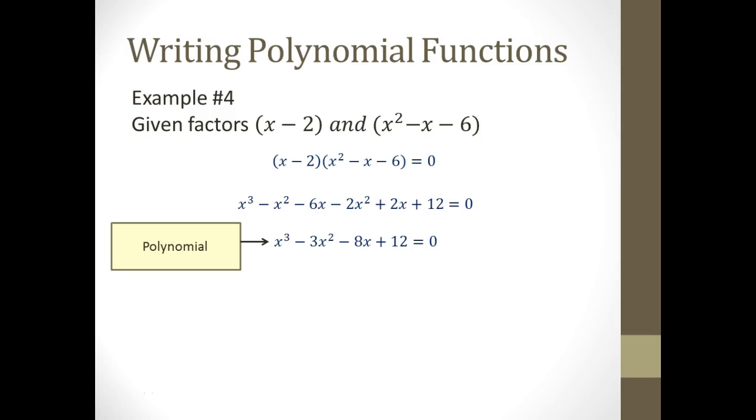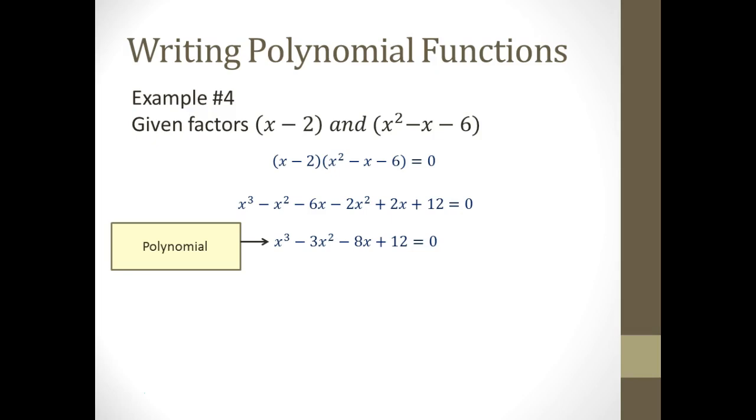Okay, so here's an example. You get the factors x minus 2 and x squared minus x minus 6. All right, so I need to write the polynomial. So what am I going to do? I'm going to multiply x minus 2 times x squared minus x minus 6.